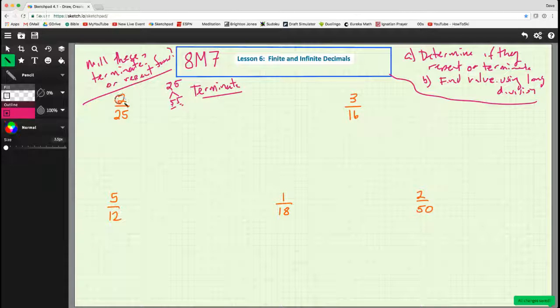Box top. Our 2 goes in the box. So let's put this down. 25 doesn't go into 2. That's a 0.